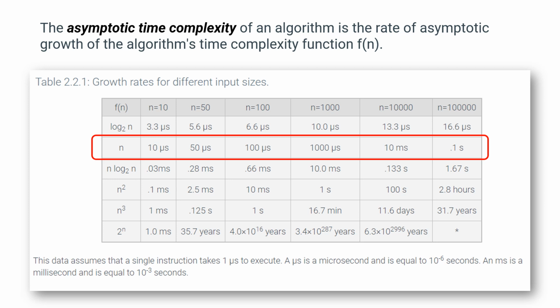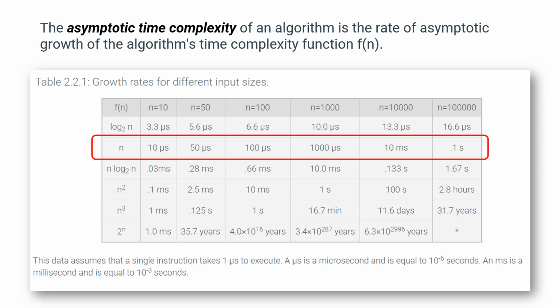So if we had a function like the one we just saw, theta of n, this is the one circled here in red, if we put in 10 numbers, that would take 10 microseconds. 100 numbers, 100 microseconds, and if we put in 100,000, it would still be just 0.1 second.